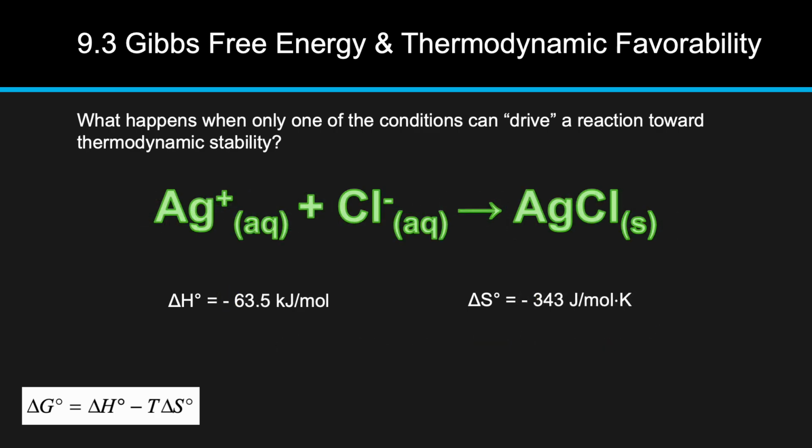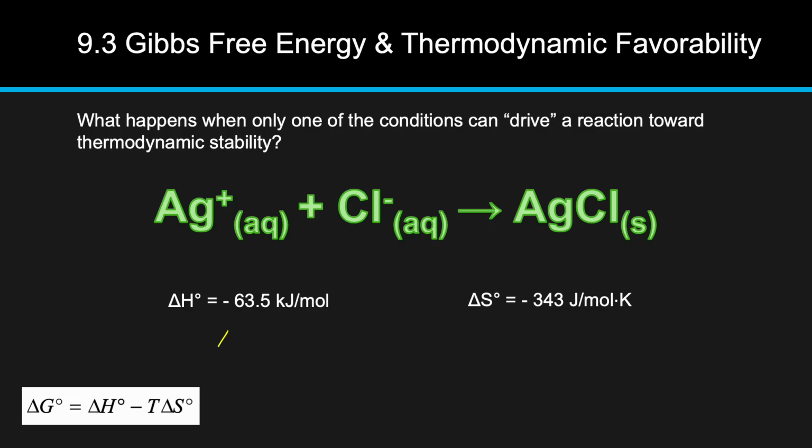And now let's look at an equation where enthalpy is going to drive our reaction towards thermodynamic favorability. So here, both our delta H and delta S values are negative. So let's go ahead and plug those into our delta G equation and figure out which temperature is going to be more favorable.